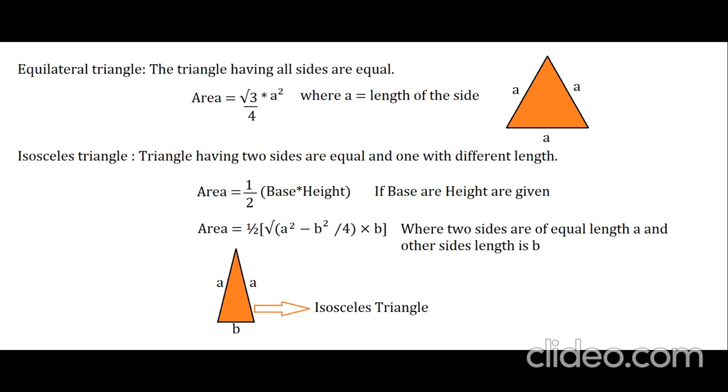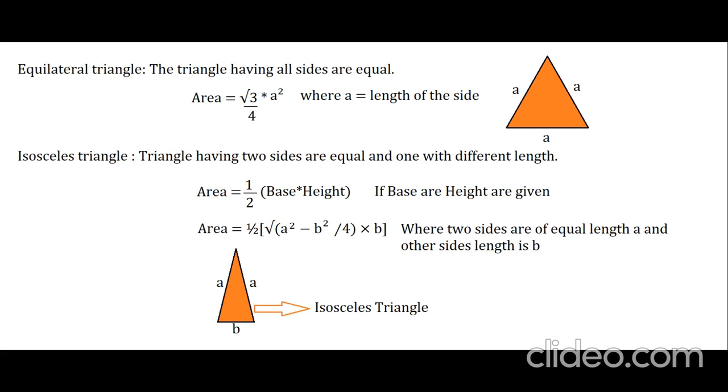Now move to the next one, isosceles triangle. The triangle having two sides of equal length and one of different length. Then you can find the area using the same formula, half into base into height, if the base and height are given.